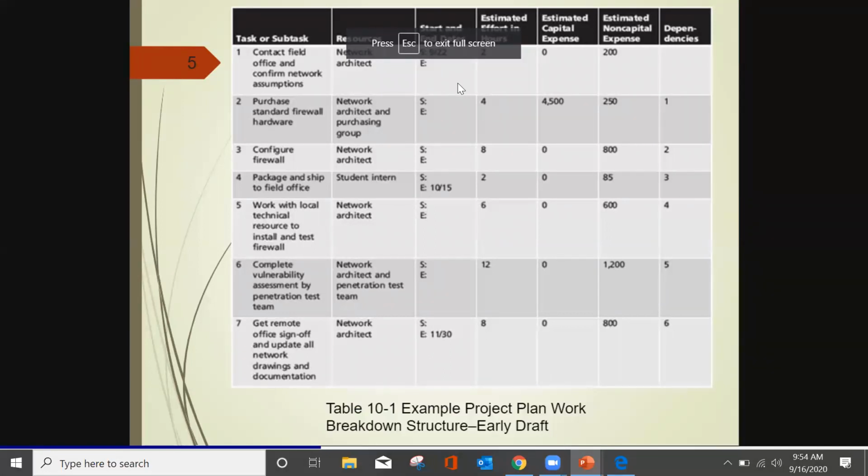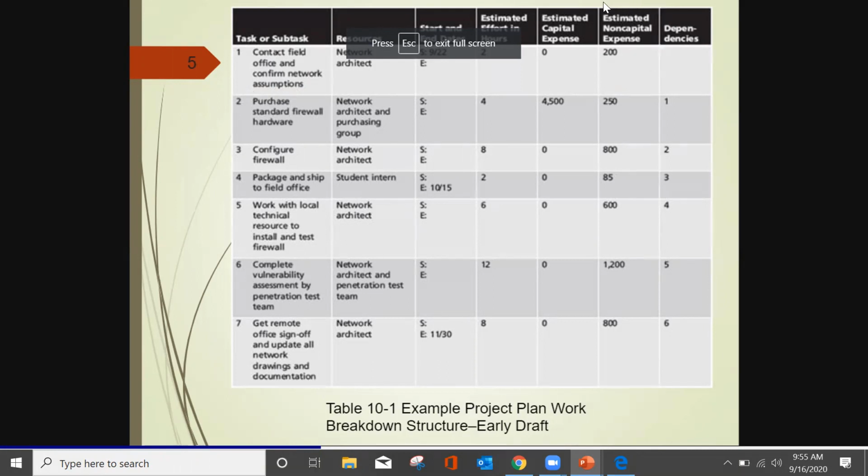If you look at work dependencies, you need to look at the resources and the start and end dates, when it is starting and when it is ending. Then you need to look at the estimated time it is going to take. For example, contact the field and confirm network assumptions. That is probably going to take 200.